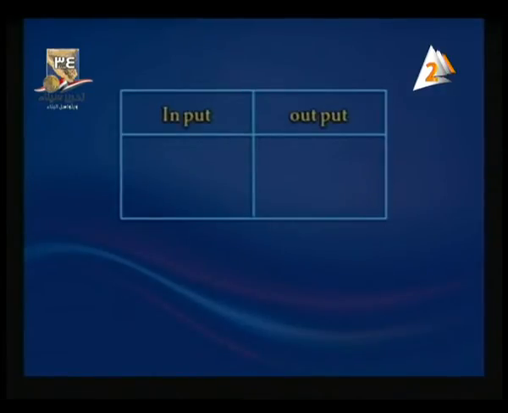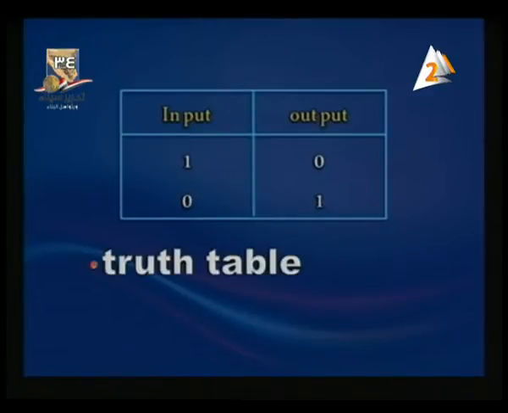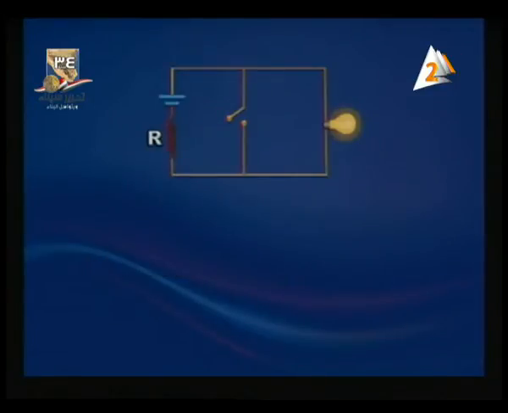What about the truth table? If the input is 1, the output in this case is the opposite. It will be 0. And if the input is 0, the output is 1. This was about the truth table of the NOT gate.